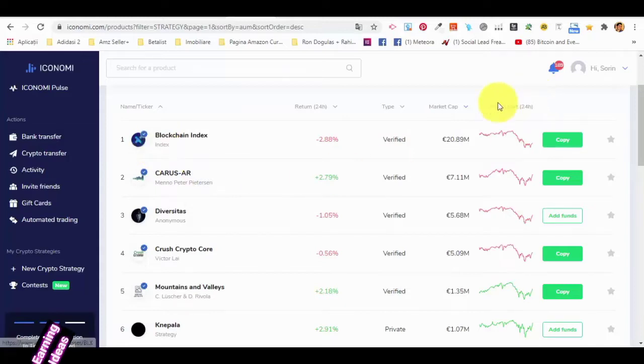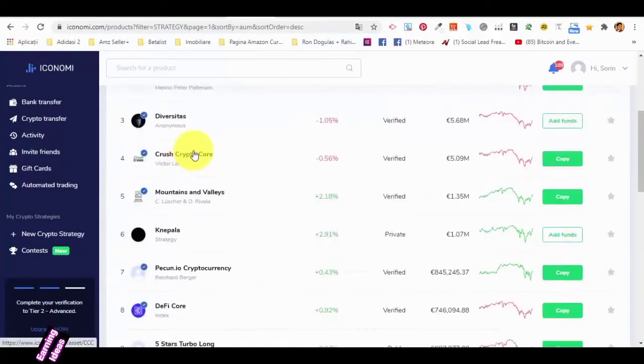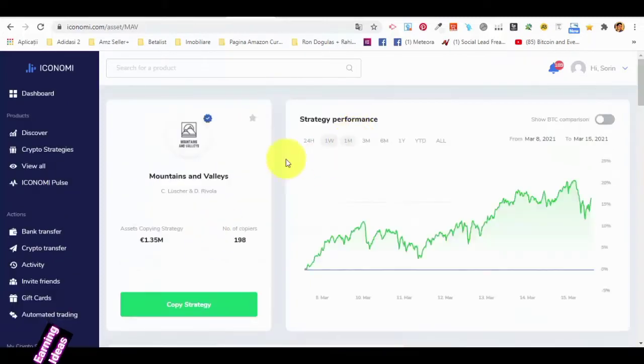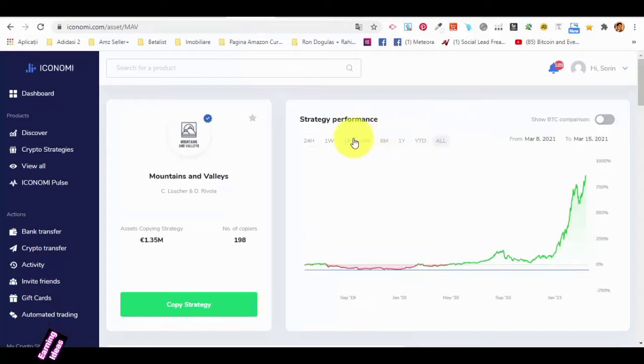Okay, if it's verified. Another thing that we are looking at, again it will be your decision whoever you want to copy, or if you want to copy anyone at all, is, for example, you click on a strategy and we look at the all-time performance, and we are looking for strategies which are old, like over 2 years old.